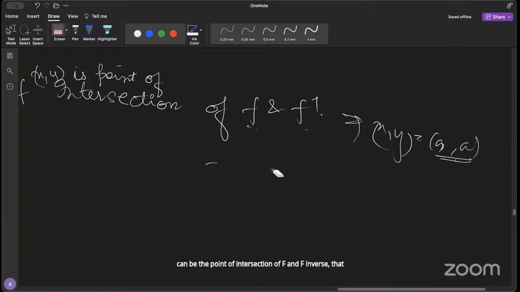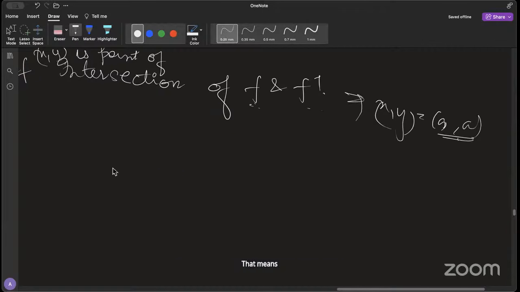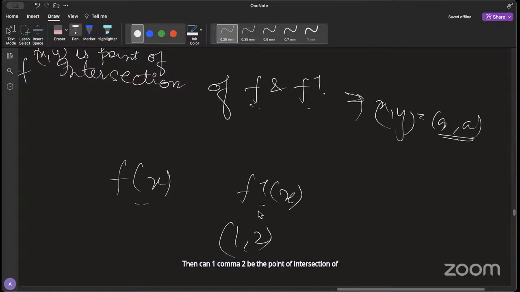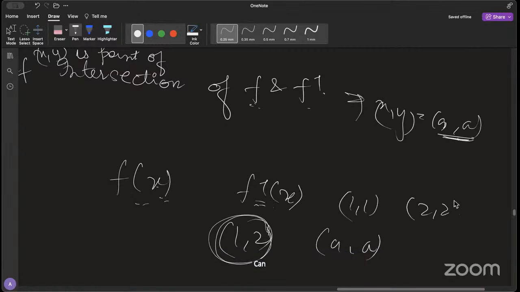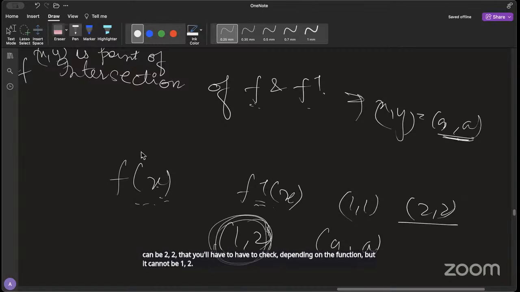That means if you have a function f(x) and the inverse of this function, then can (1, 2) be the point of intersection of these two functions? No, because it does not look like this. If you have a point of intersection of f(x) and f inverse of x, it should be of this form, (a, a). That means it can be (1, 1), can be (2, 2). You'll have to check depending on the function, but it cannot be (1, 2).